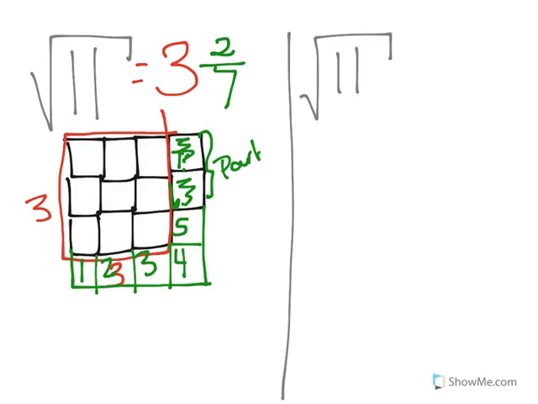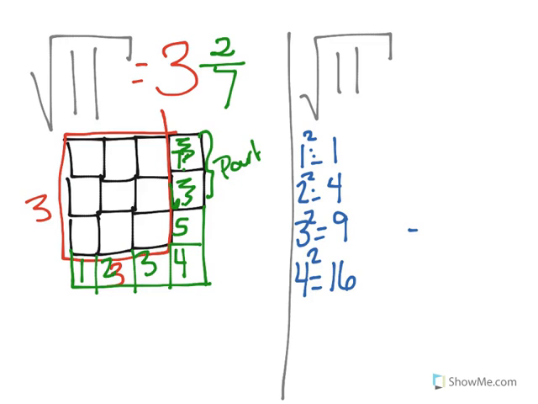Okay, so mathematically, I know 1 squared is 1, 2 squared equals 4, 3 squared is 9, 4 squared is 16. 11 is in the middle of 9 and 16.